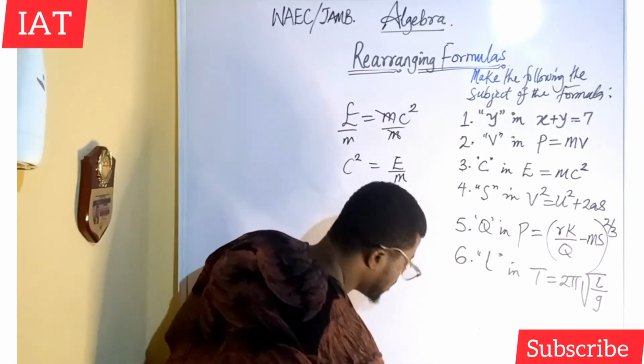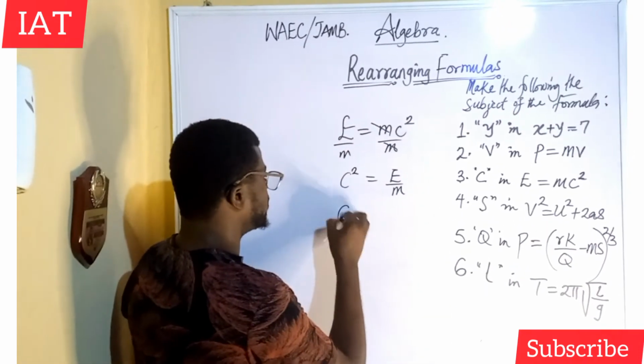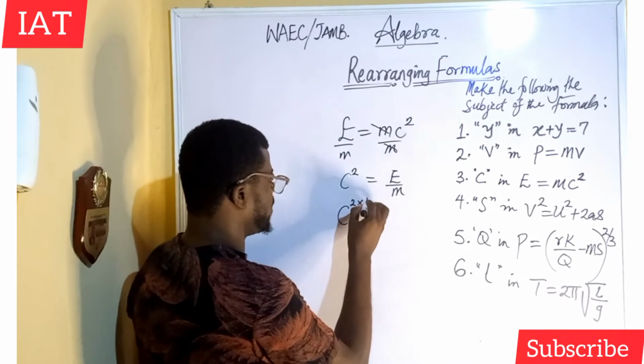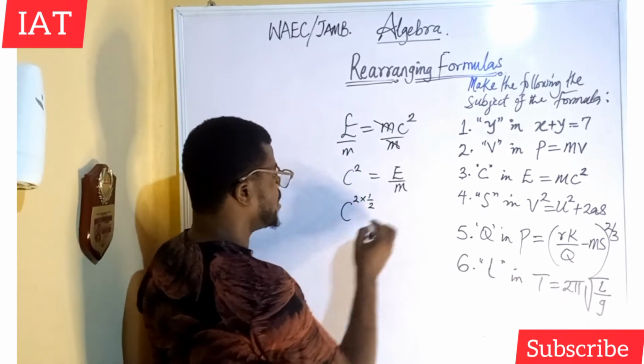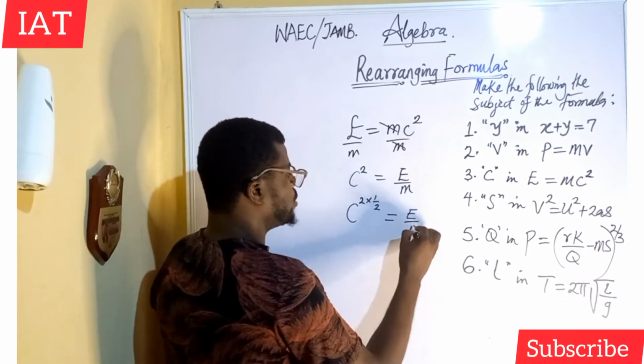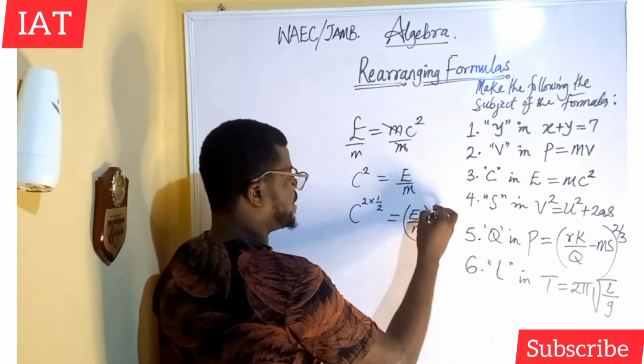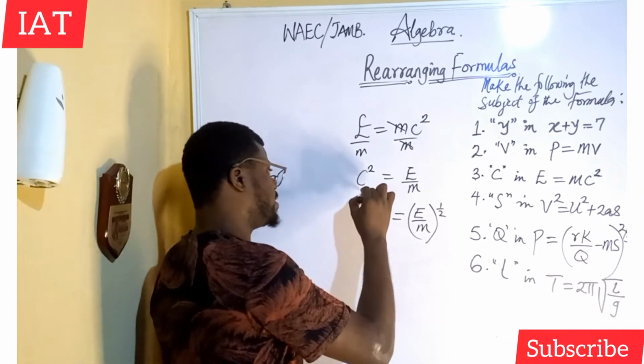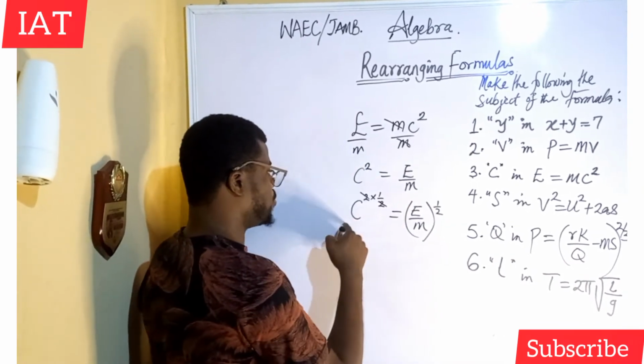This is what I mean. I can easily multiply these by the inverse of it. And anything I do to the right hand side, I will still do the same to the left hand side. So I'll multiply this by the inverse. So this can easily cancel out with this, and what is left is c.